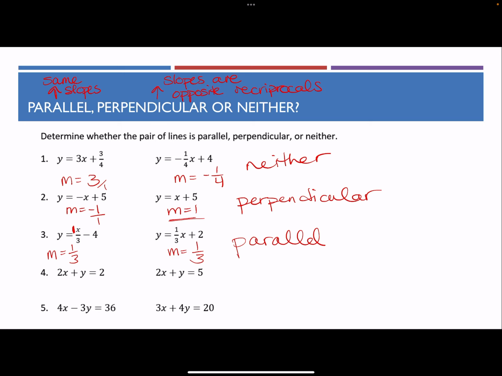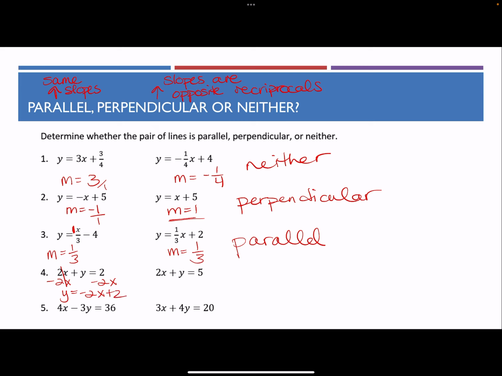All right. In number 4, these equations are not in y equals mx plus b. So I can't just read off the slope. So what I have to do is first solve for y. This first equation, to get y by itself, I need to subtract 2x from both sides. And I have y is equal to negative 2x plus 2.